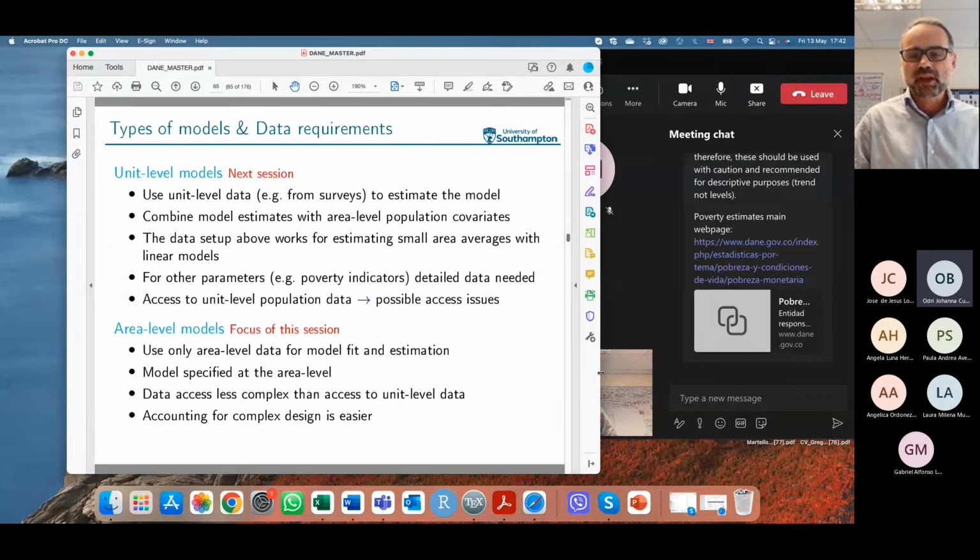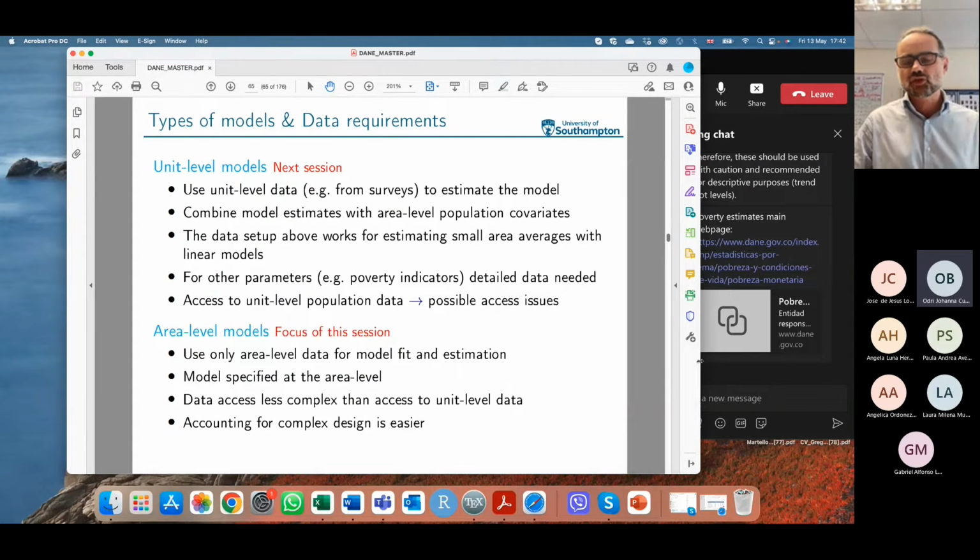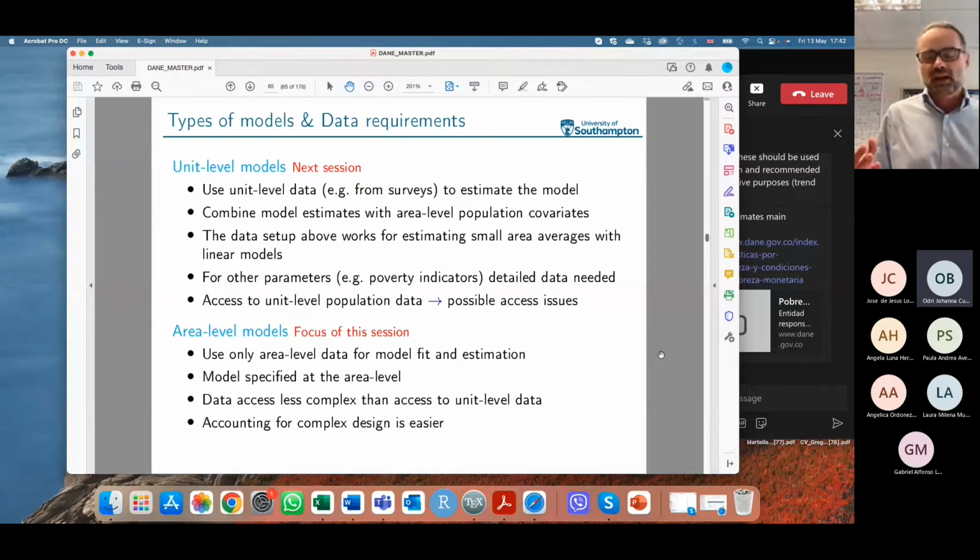So there is a big movement to use population level data that are as frequently updated as possible. That's why a lot of people now have interest in using geospatial data and other forms of data. For example, administrative data might be a good example where population level data might be updated on a more frequent basis.